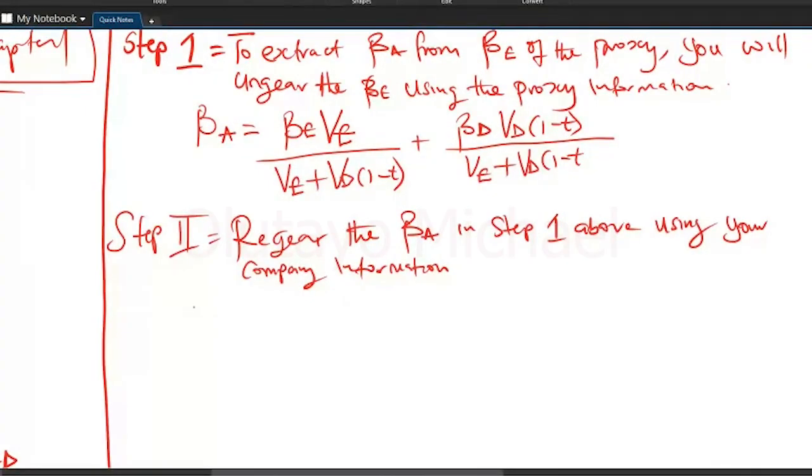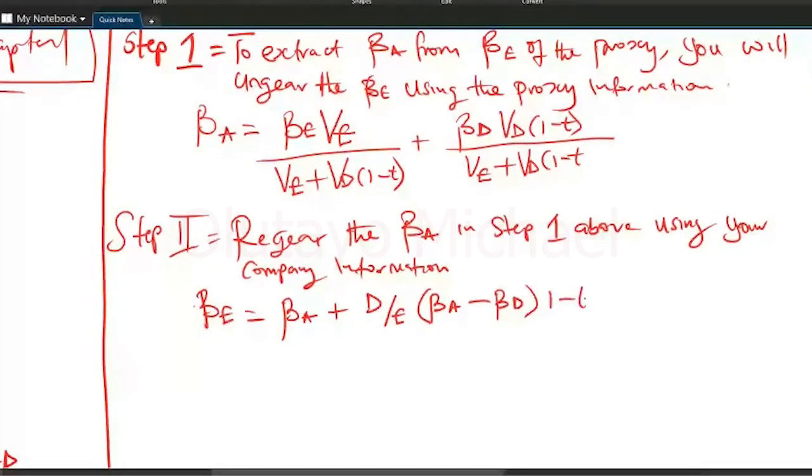How do I do that? I will say beta of equity now. I want to mix the beta of asset into my beta of equity: beta of equity equals beta of assets plus debt over equity into bracket beta of assets minus beta of debt, into bracket 1 minus t, which is net of tax.